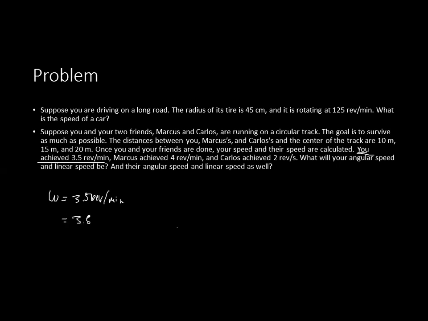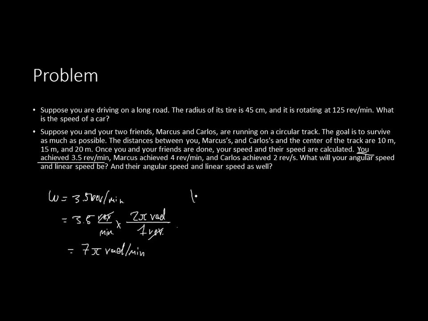So we multiply 3.5 revolutions per minute by 2 pi radians all over 1 revolution. So we cancel the revolutions and we multiply them together. You will have 7 pi radians per minute. So that is your angular speed, but in radians.